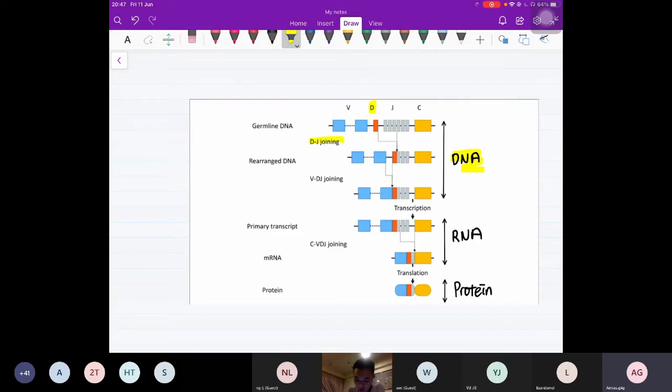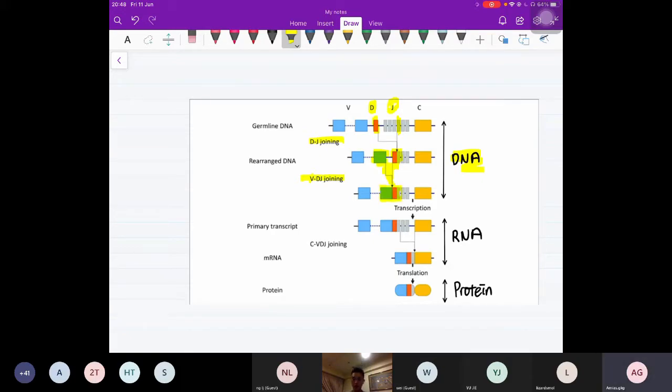So one D and one J, this one here and this one here, rearrange to form your DJ recombination. Then the second step is where your V rearranges to a DJ rearrangement. So this V gene segment rearranges with your DJ rearrangement to form your VDJ rearrangement.